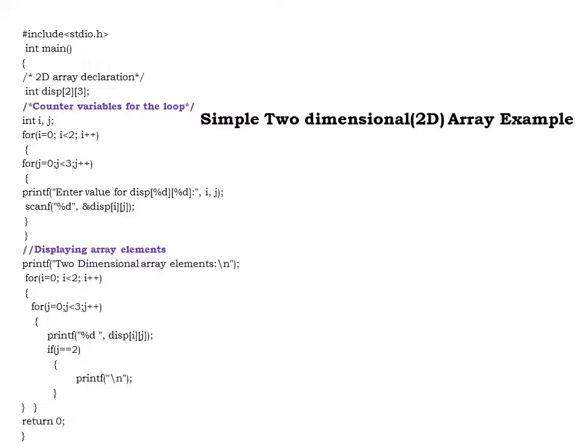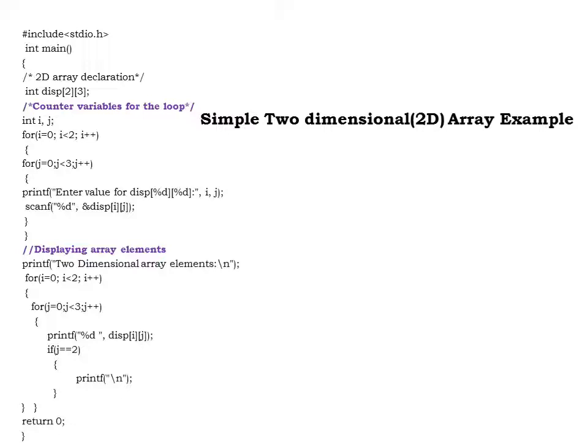Now we come out of the inner for loop, we go on to the outer for loop where i increments to 1. Now 1 is less than 2, condition is true. We move on to the inner for loop. Now j is equal to 0, 0 is less than 3, condition is satisfied. We enter the inner for loop. So in that i is 1, j is 0.